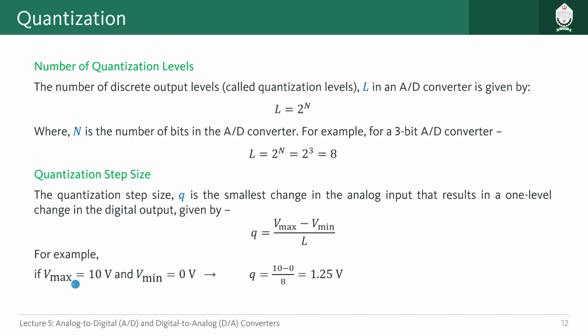If we take Vmax equal to 10 and Vmin equal to 0 volt, for 8 different quantization levels, the Q value or the quantization step size should be 1.25 volt. Okay, so you can see if this value is reduced, that will increase the accuracy of our analog to digital converter, right? But this will also take more memory for our system. So there will be a trade-off, how much memory we want to use or can use, and how much accuracy we want.